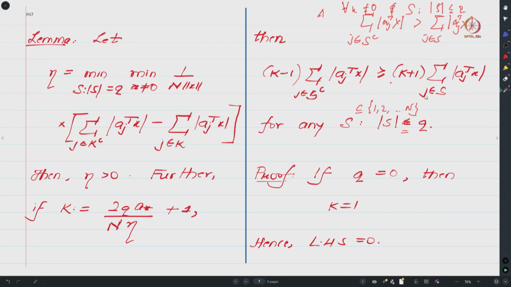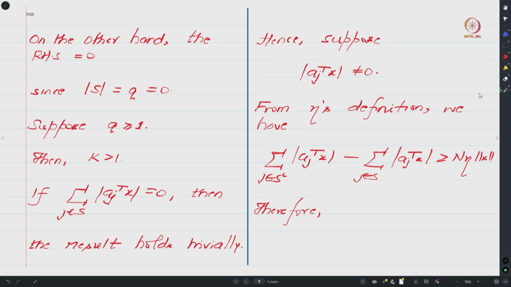Since I have already shown k is bigger than 1, whatever be the left hand side, this inequality will trivially hold. So if the summation on the right hand side of the inequality that we wish to prove is 0, then the result trivially holds. Hence it only remains to consider the case where this summation, the sum over j in S of the absolute value of a_j transpose x, is not equal to 0.